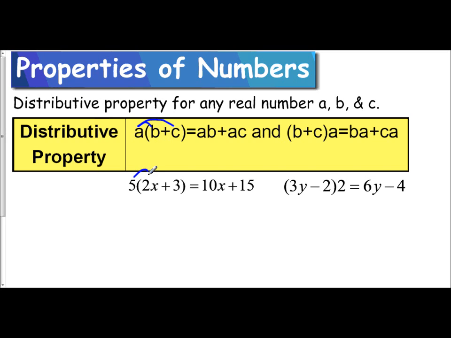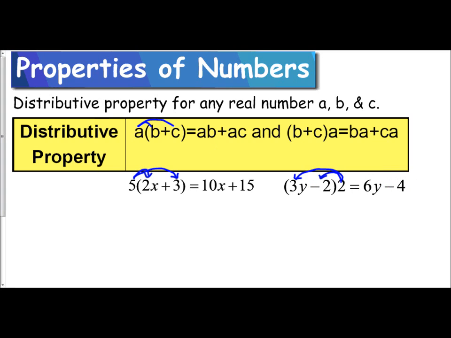So if I take the 5 times 2x, I get 10x, and then I would distribute the 5 to the 3 and get 15. Now, it doesn't matter which position the number on the outside is, if it's on the left of the parentheses or on the right of the parentheses, you can still distribute. 2 times 3y is 6y, and 2 times negative 2 is negative 4.